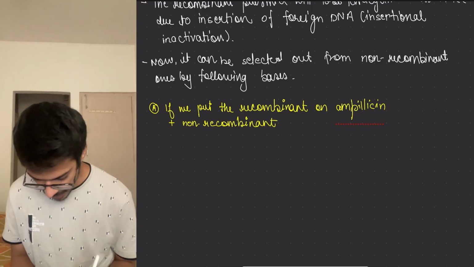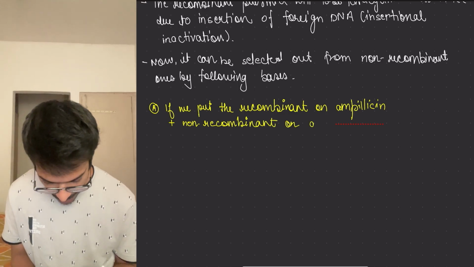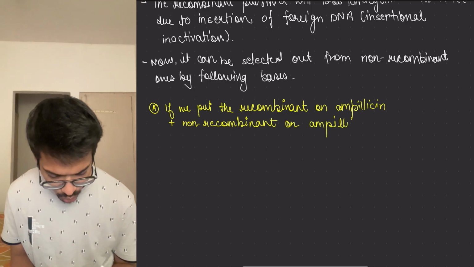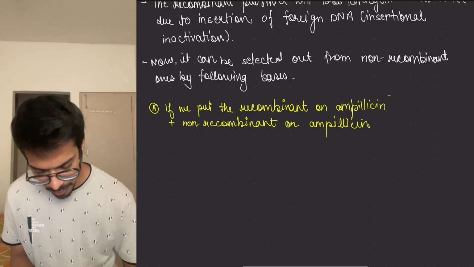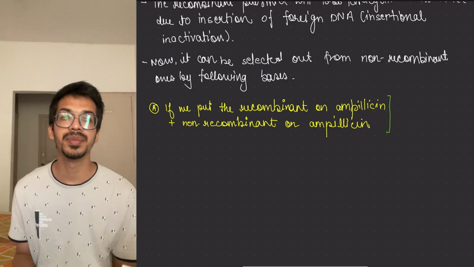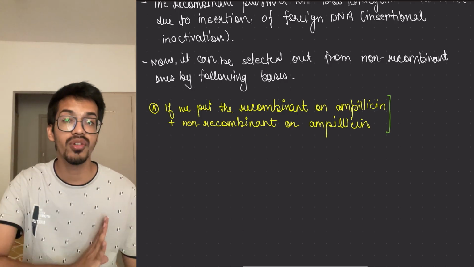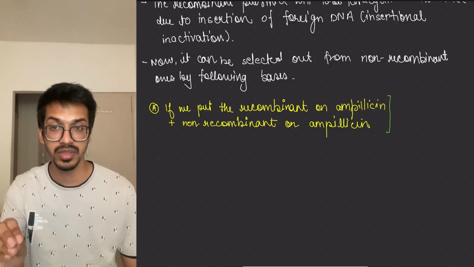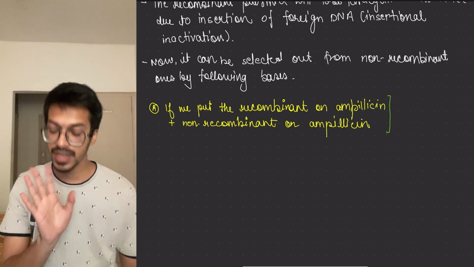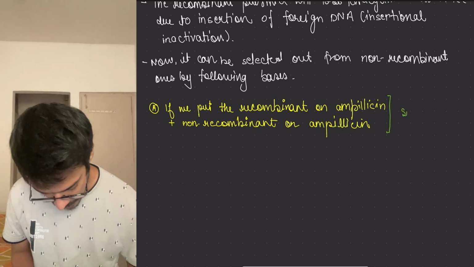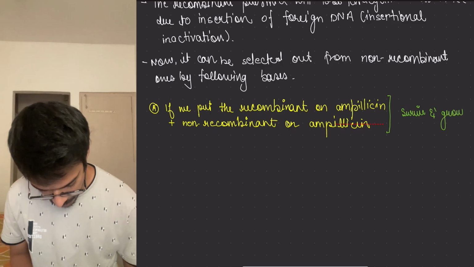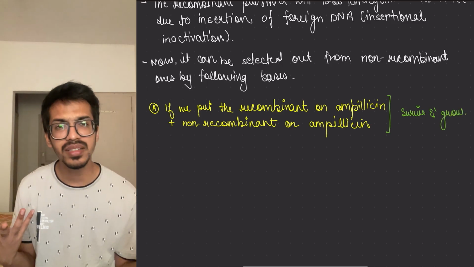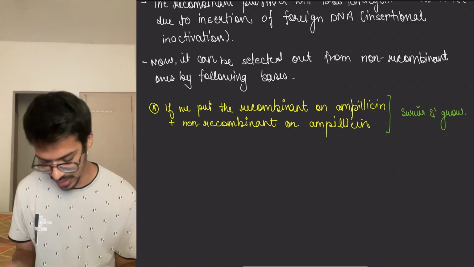So recombinant and non-recombinant on ampicillin, will they both grow or not? They both will grow. Why? Because we have done nothing with the ampicillin resistance. Both categories, recombinant and non-recombinant, are able to survive and grow, as no inactivation has been done.